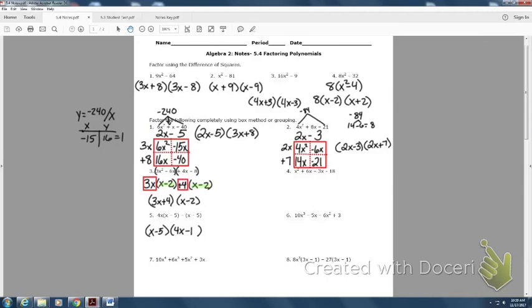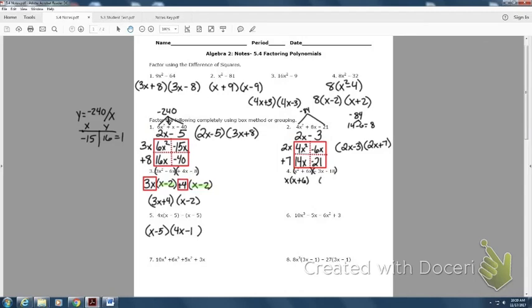Okay, so on number 4, again, you put the first two and the last two together. What makes this one a little bit different than number 3 is that the third term is negative 3x. It is a negative. So in the first set of parentheses, I pull the x out, and I'm left with x plus 6.